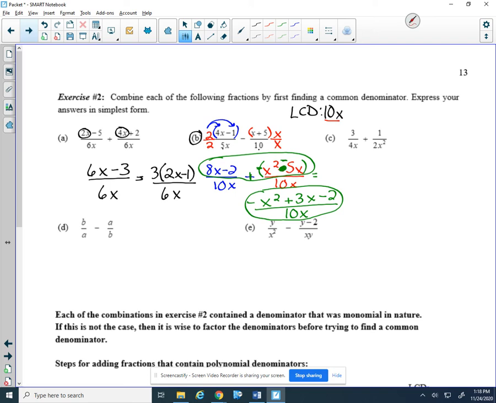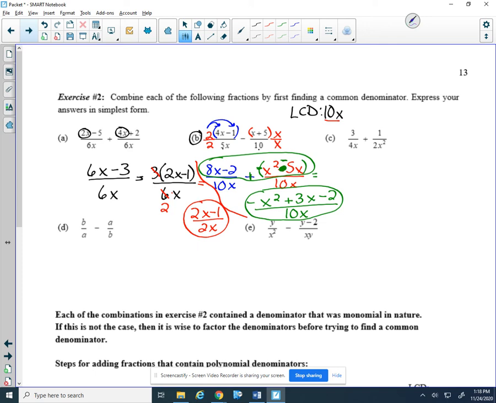Now, since the 6x is a monomial, I can actually cancel out and make this a 2x. So now we have, and I know it's getting a little crowded here, 2x minus 1 over 2x. There's that minus 1 there, so I cannot cross out the 2x's. And that's my final answer. So that happens sometimes. We just have to check to see if we can simplify at the end.